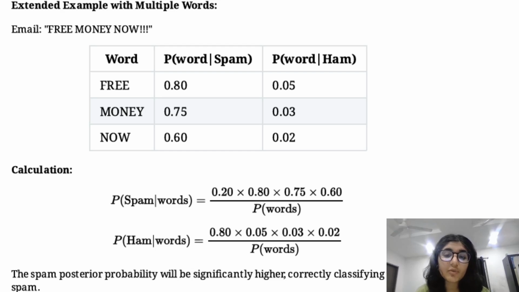Then the probability of word given ham is 0.05 for free, 0.03 for money, and 0.02 for now. We will put all these values in the formula for the probability of spam given words and the probability of ham given words. So the posterior probability will be significantly higher, correctly classifying this as spam.